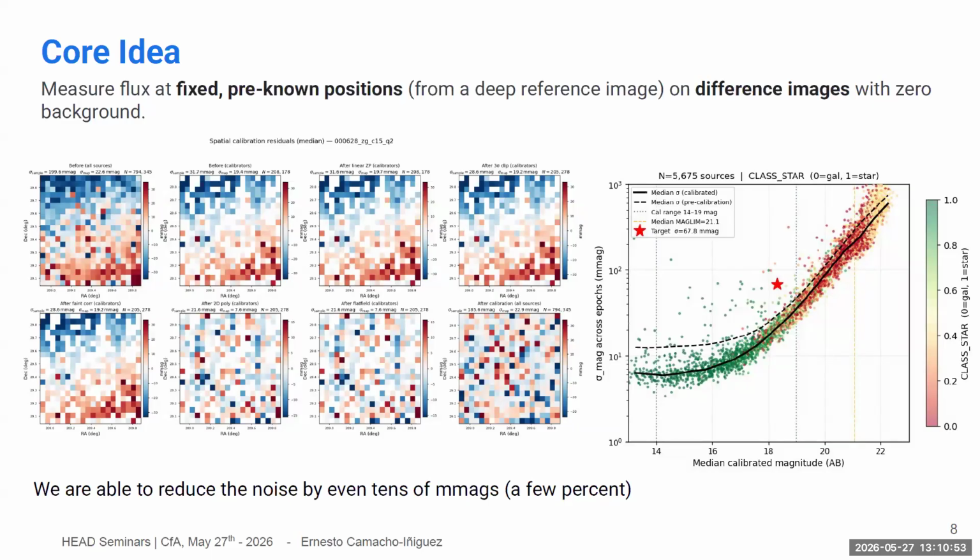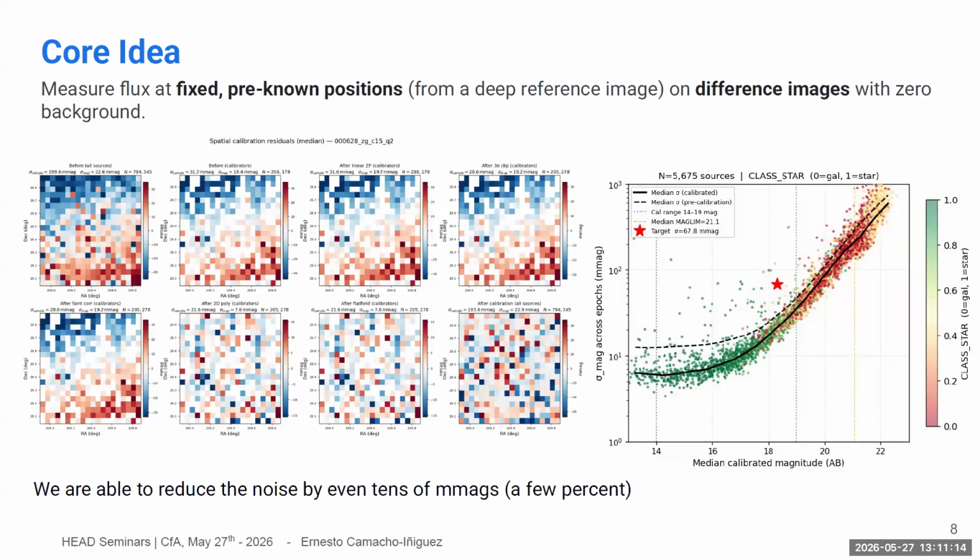So we also applied a process that can be seen in this left panel, where you can see structure in the noise level across the CCD for this particular object in the top left part, and throughout all the calibration process, those structures are removed.